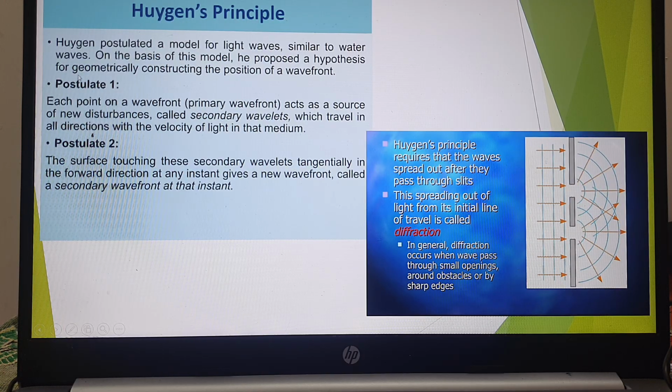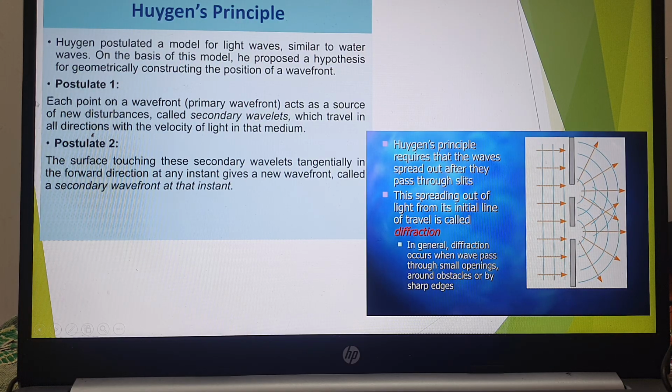Huygens postulated a model for light waves similar to water waves. On the basis of this model, he proposed a hypothesis. What is a hypothesis? It may or may not be true. A hypothesis for geometrically constructing the position of a wavefront.